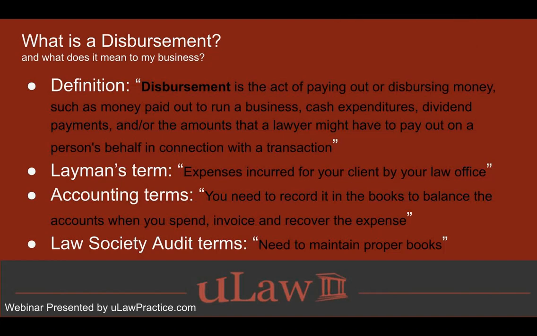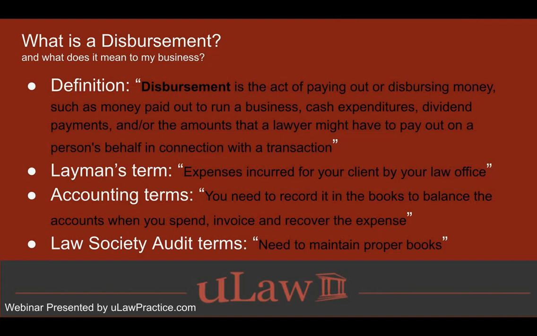It is that your law office is expending on behalf of your client, which will eventually be reimbursed by them. That's one of the reasons why it is called disbursement. Disbursing the expense, which will eventually be reimbursed by them. So I think that's probably why it's named as disbursement.